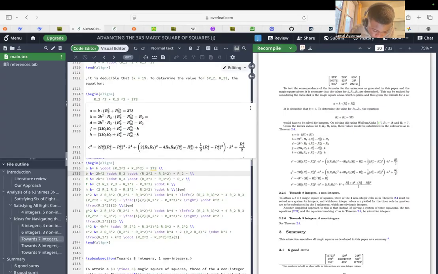So R3 is 7 plus 18 squared minus 7 squared plus R2. R2 is 18. Oh, so the calculation the AI generated was correct.